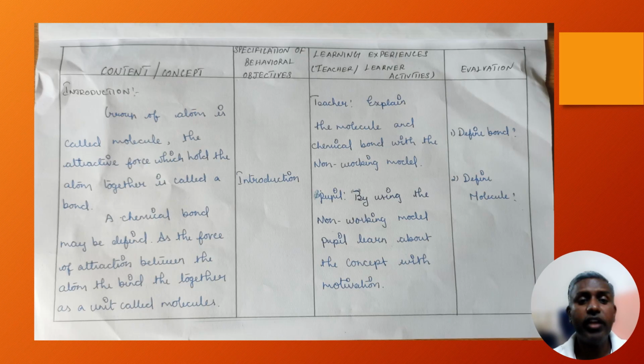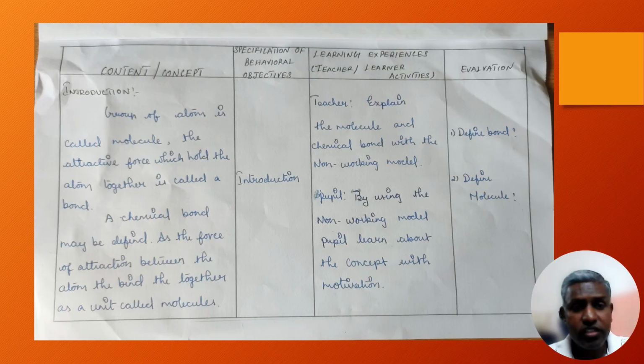To continue, he wrote the content part. Here the complete content is clearly mentioned according to the four-fold lesson plan pattern. First, we write the content or the concept, then the specification of behavioral objectives.